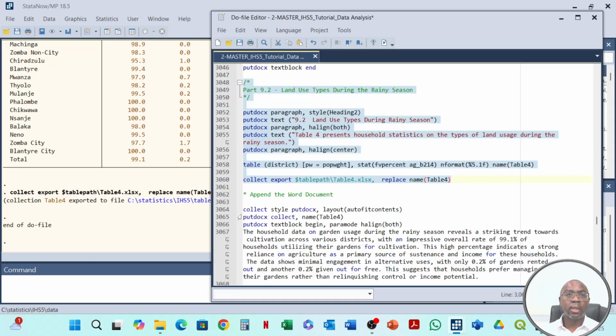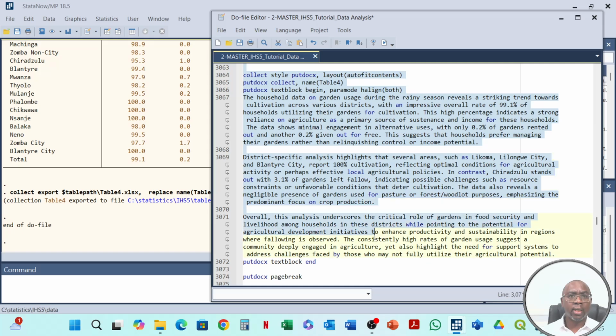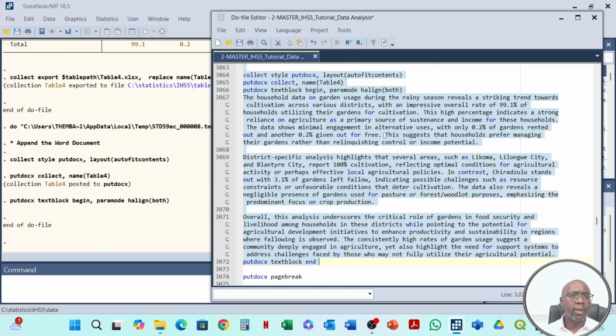So with those statistics, we can also append the table into our document. We collect the table, and then we put it in as table 4. And then similar process, we analyze, looking at what are the statistics that are coming there, also indicating that the communities are not using these other land use types, right?